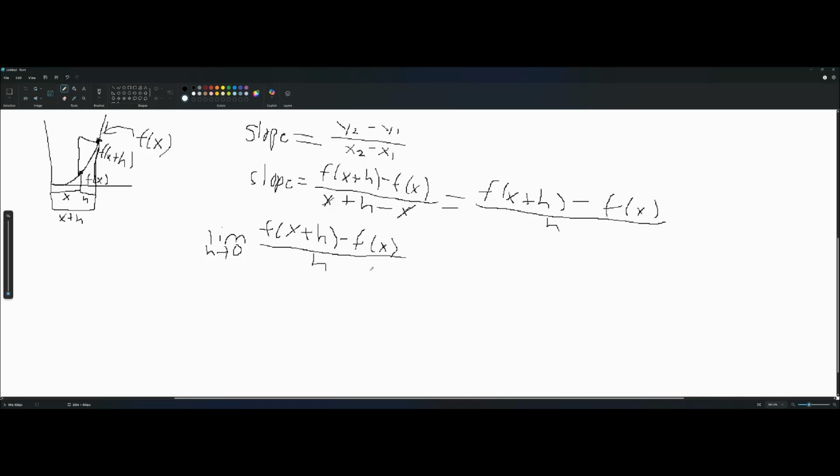Because this essentially tells us that this point is approaching this point as h approaches 0, right? Because f of x plus 0 is just equal to f of x, right? And so this definition right here, this is what we call the derivative, okay? This is the derivative, okay?